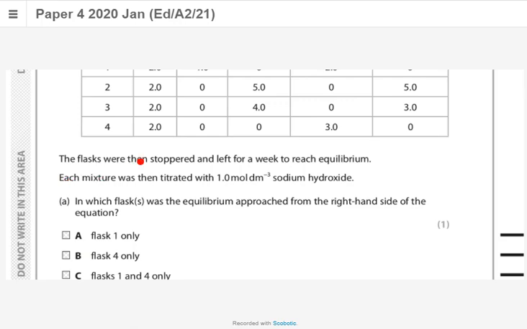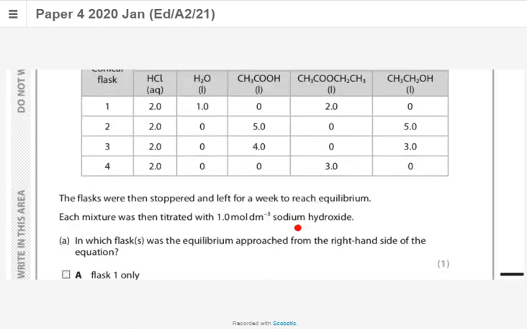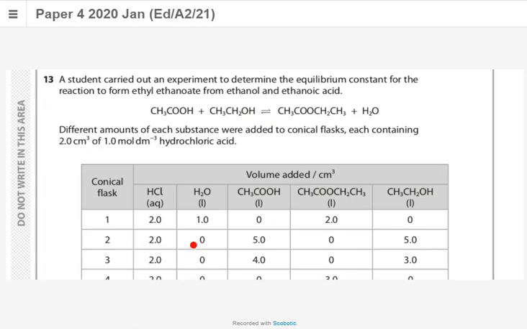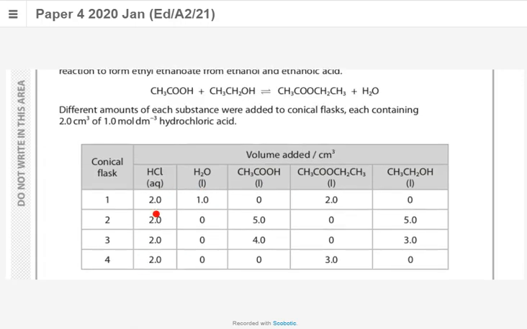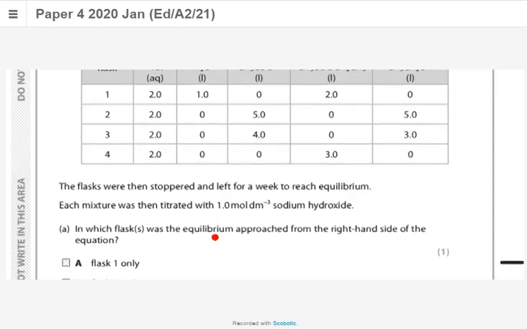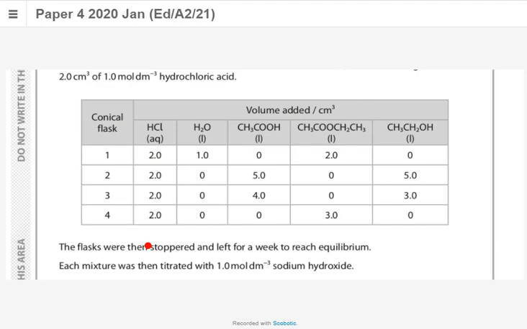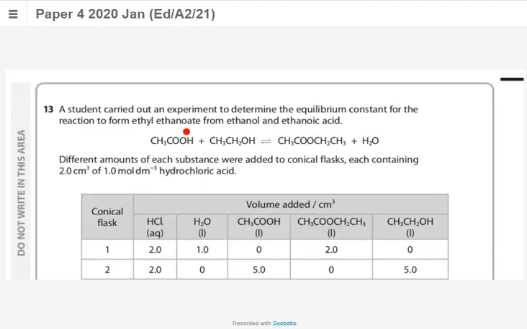Anyway, the flasks were then stoppered and left for a week to reach equilibrium. Each mixture was then titrated with 1 mole per decimeter cube sodium hydroxide. Now, when you titrate, first of all, HCl is a catalyst, so the sodium hydroxide will neutralize the catalyst first. After neutralizing the catalyst, the excess sodium hydroxide will react with the remaining carboxylic acid.